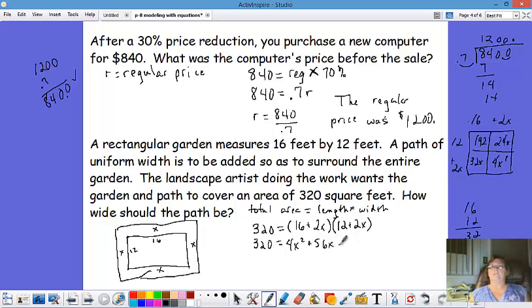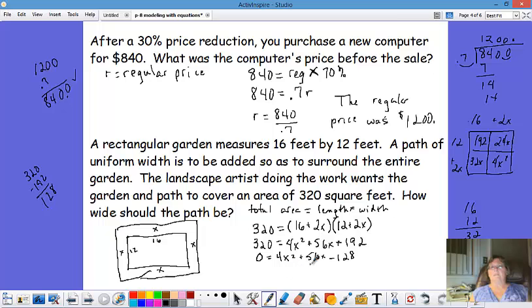And our constant 192. All right, we're going to subtract that 320 from 192 and get it set up so that it's quadratic. 0 equals 4x squared plus 56x, and 320 minus 192, 128.